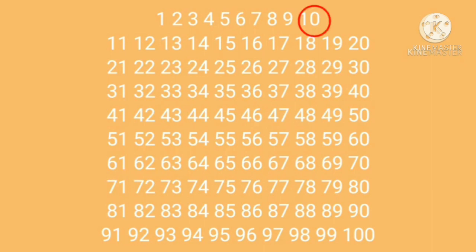Yes, 10. 10 is the smallest 2 digit number and 99 is the biggest 2 digit number. Okay? Do you know children how many digits does the number after 99 have? We know after 99, 100 will come. We know 100 is a 3 digit number, right?